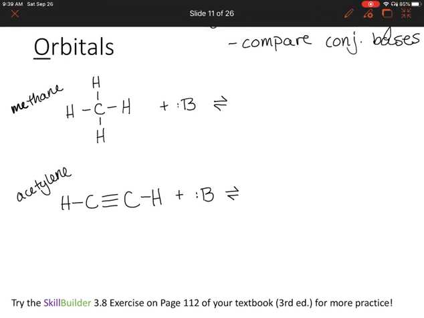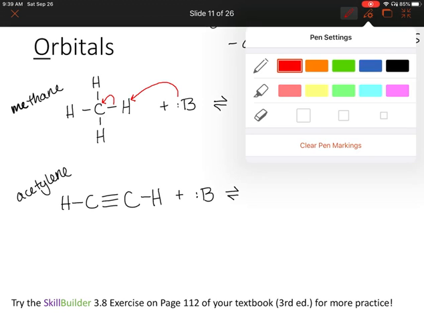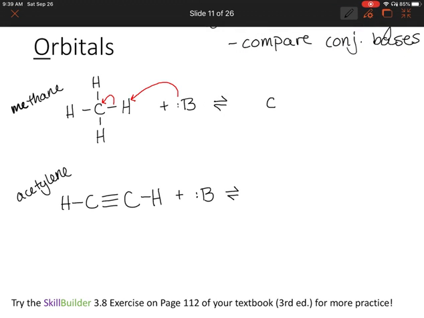In the first reaction, we've already seen previously, this base is going to grab a hydrogen, and then the shared electrons will be left on carbon. All right, so our products are CH3, and the carbon has a lone pair, so it has a negative charge. And you can calculate the formal charge if you want to double check and make sure that's true. And then our other product is our conjugate acid.